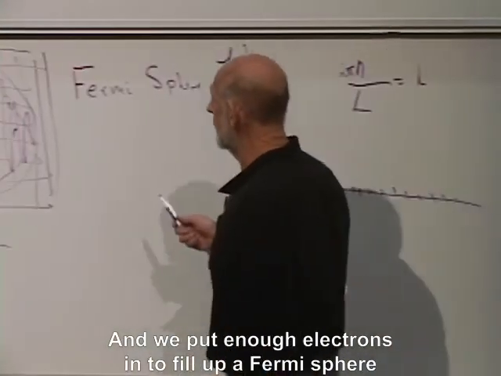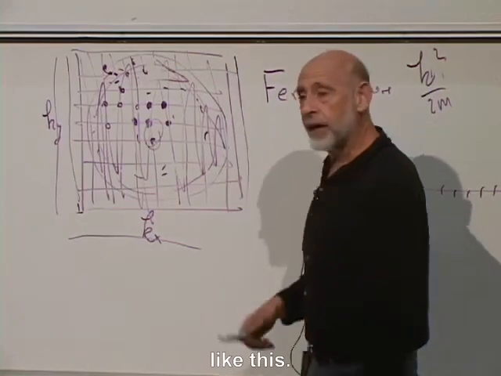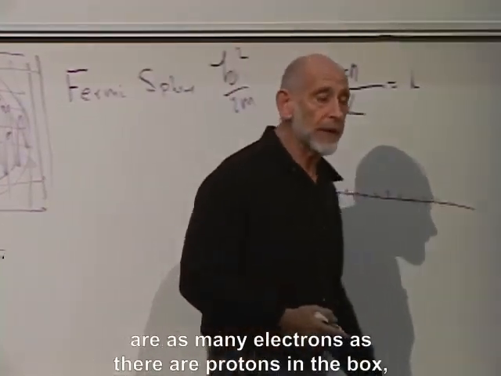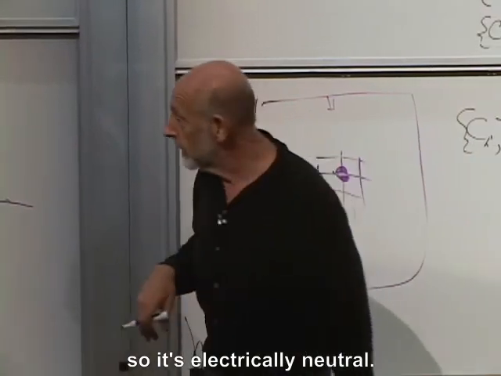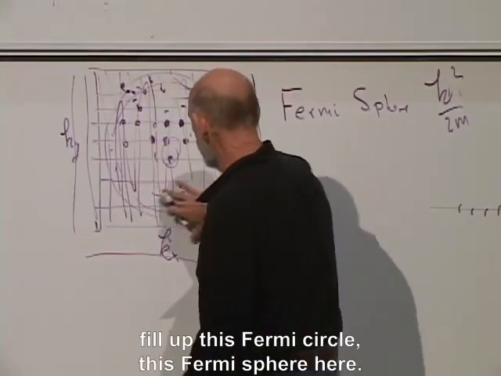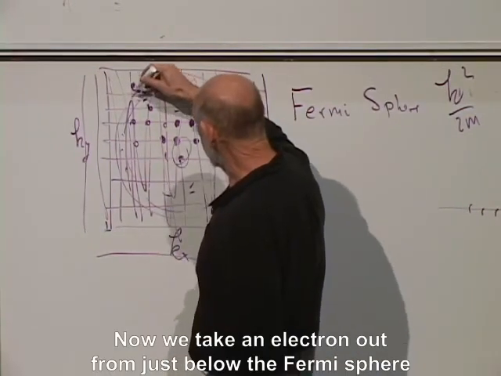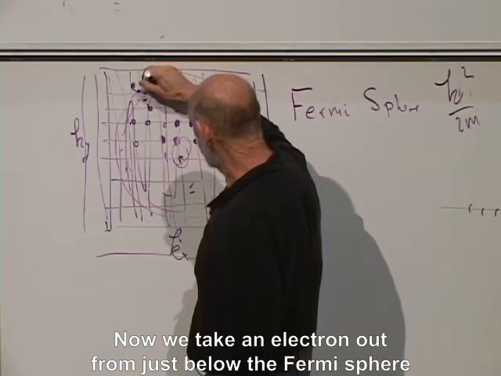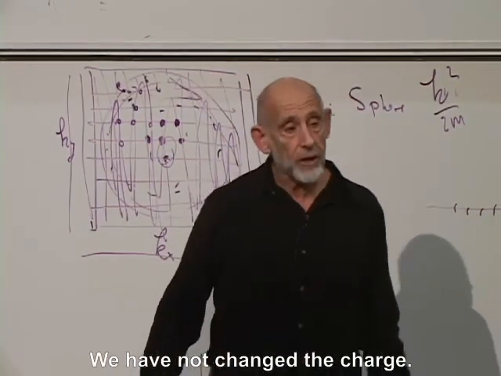We put enough electrons in to fill up a Fermi sphere like this. It's electrically neutral because there are as many electrons as there are protons in the box. In the ground state, the fermions fill up this Fermi sphere. Now we take an electron out from just below the Fermi sphere and put it in just above the Fermi sphere. We have not changed the charge.